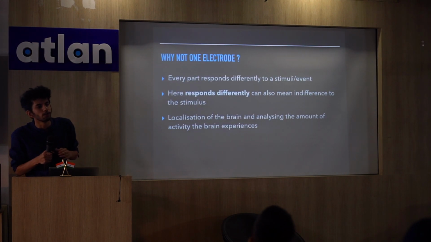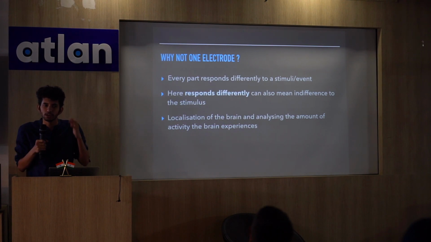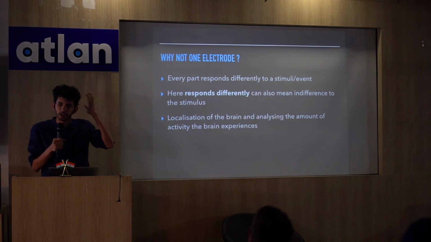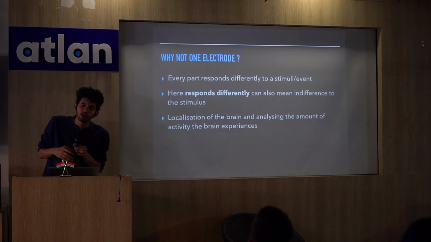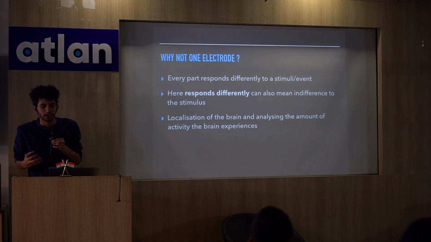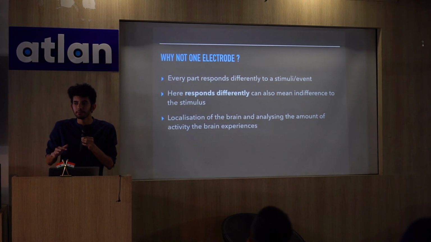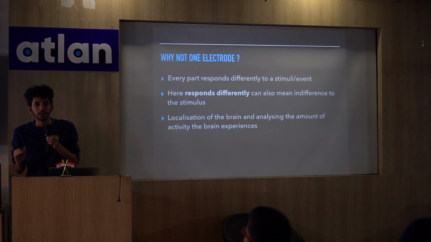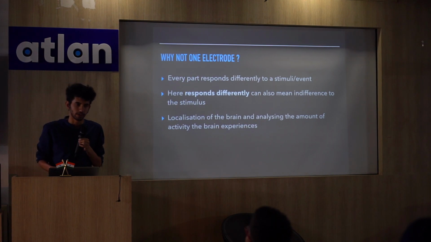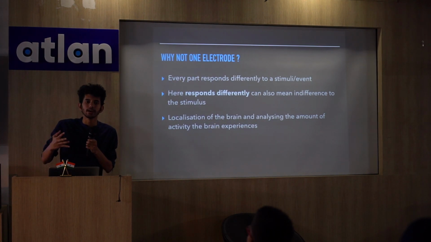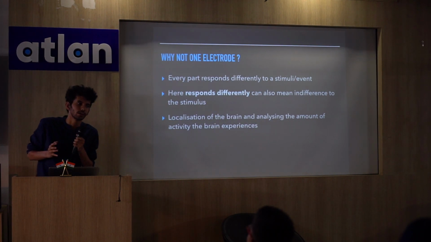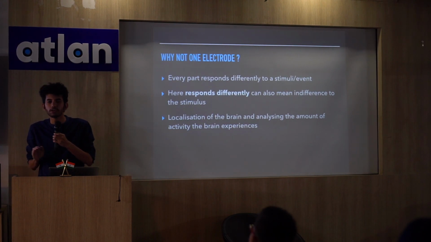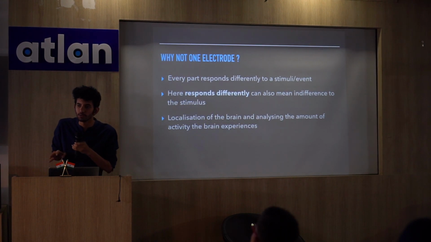Now, you might have seen pictures of people wearing a huge cap with a lot of electrodes around their head. So there's always a question, why do we need so many electrodes? A very simple answer to that is that your brain does not respond similarly to the same stimulus. For example, if I'm seeing a red color, the part of my brain that controls auditory processing does not respond at all, and we don't want to capture that data.